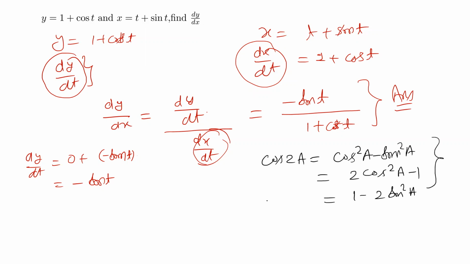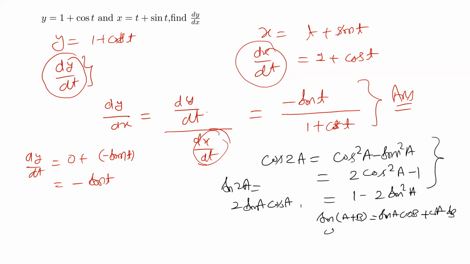And one more formula: sin 2a equals 2 sin a cos a. There is no need to memorize this; you only need to remember sin a plus b, which is sin a cos b plus cos a sin b.